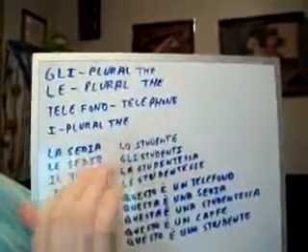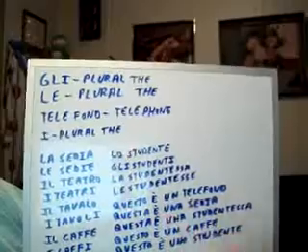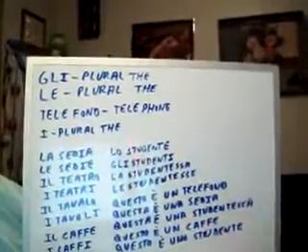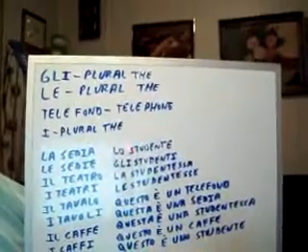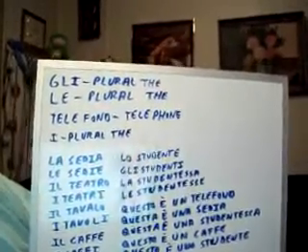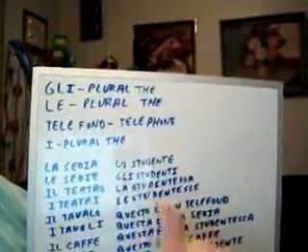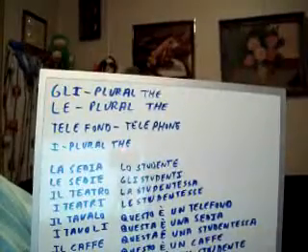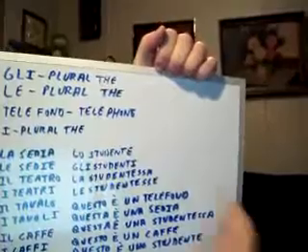Now, if there's one female student in the class and that's all there is, you would say la studentessa. If you wanted to say there was more than one female student and there was no male students, just all female, you would say le studentesse. Okay? So, let's go over this again.